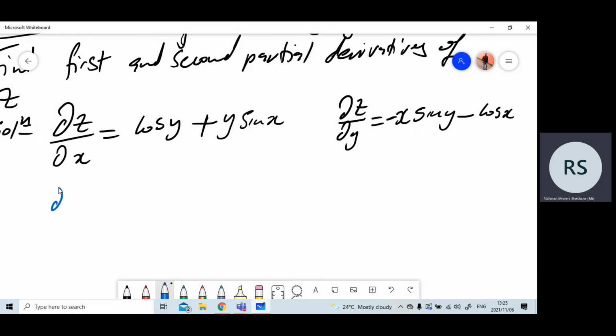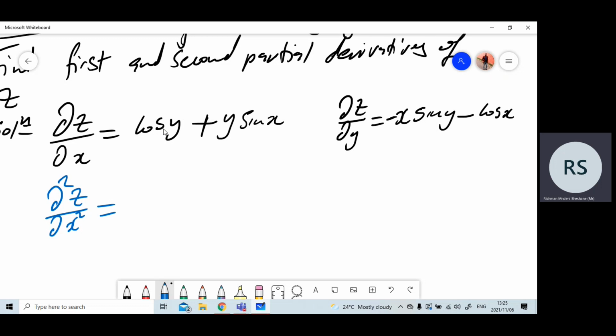So let's find now the second partial derivative of z with respect to x. It means we're deriving z twice with respect to x. So we're finding, from the first partial derivative with respect to x, the second derivative. We derive with respect to x.